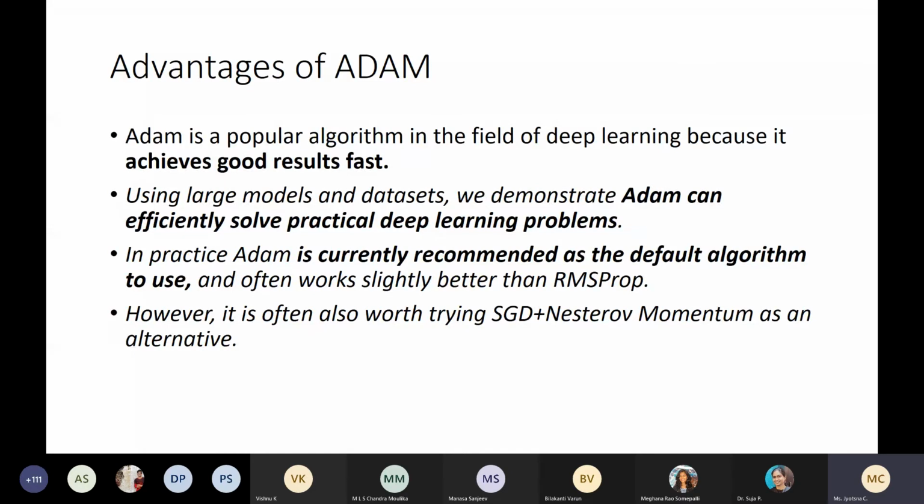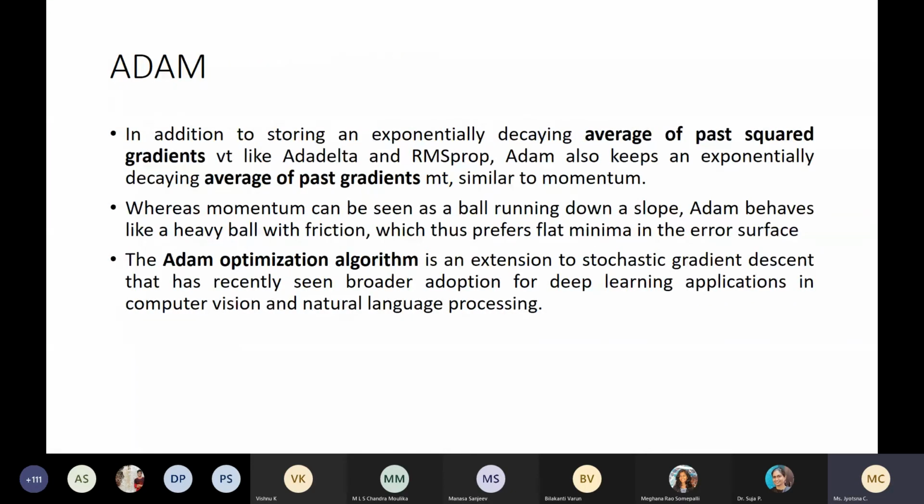Mini batch means instead of each sample, we increase the batch size, maybe after 2 samples or 4 samples or 16 samples, like that we decide the batch size. So mostly SGD or mini batch is used. That's why everywhere they are telling with SGD, because that is the most used gradient descent algorithm. Though other things have a problem, since SGD is used for deep learning problems, that's why they are explaining with SGD. You understood?